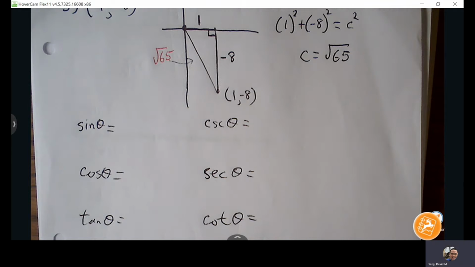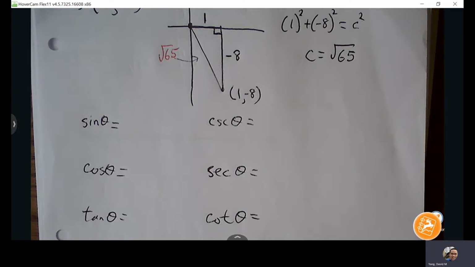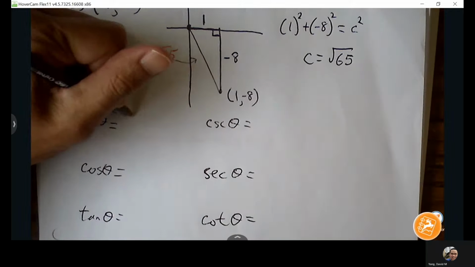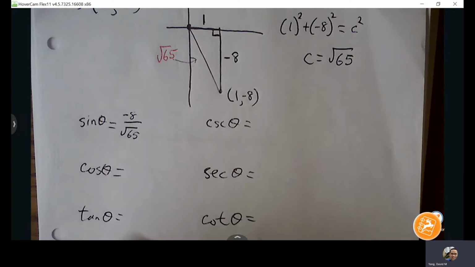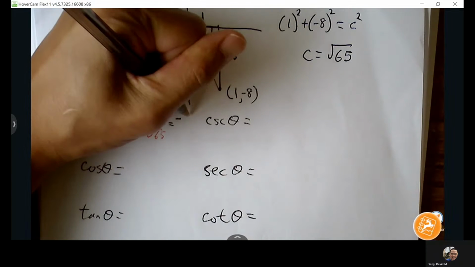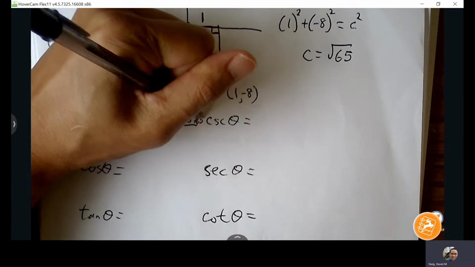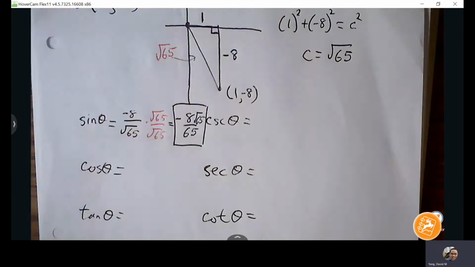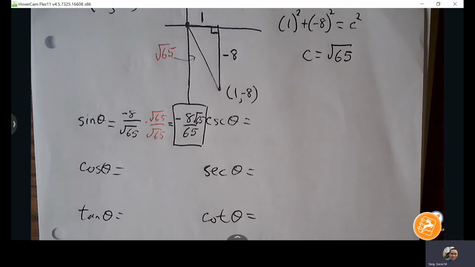We'll check our answers in a second, but if you're done, try number 7. Sine of theta will be negative 8 root 65 all over 65.